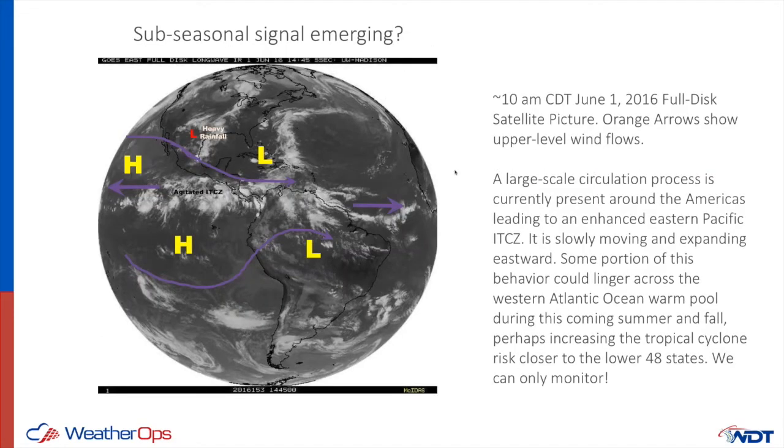So moving on. The first thing to talk about is that there may be a subseasonal signal emerging, meaning a process that's occurring on time scales that are shorter than the season itself. And we're monitoring for that.